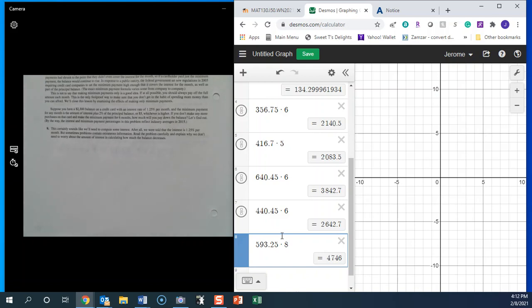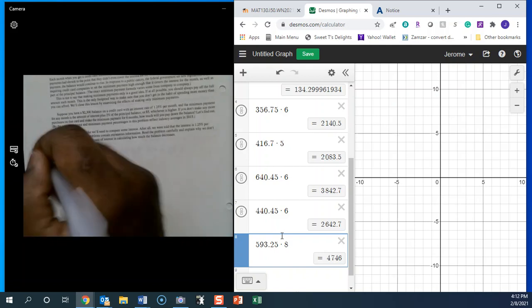Okay, number 9, this certainly sounds like we'll need to compute some interest. After all, we were told that the interest is 1.25% per month, but sometimes problems contain extraneous information. Read the problem carefully and explain why we don't need to worry about the amount of interest in calculating how much the balance decreases.